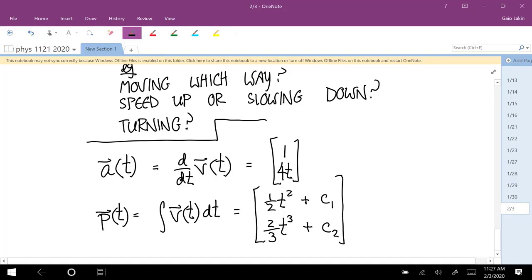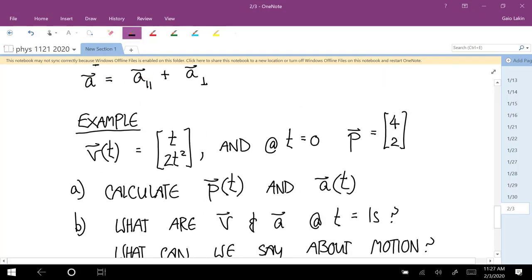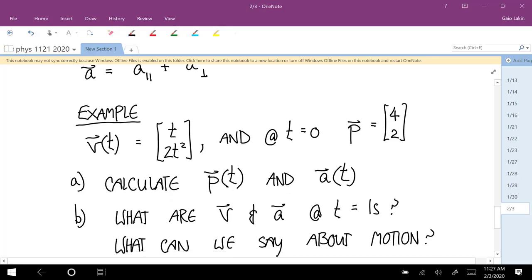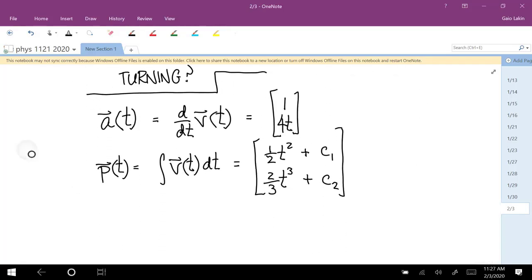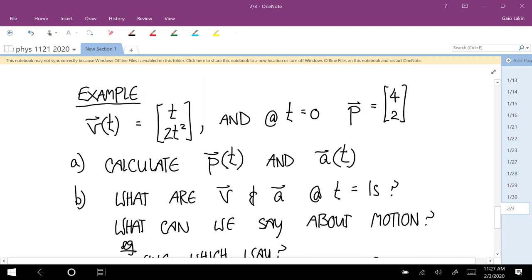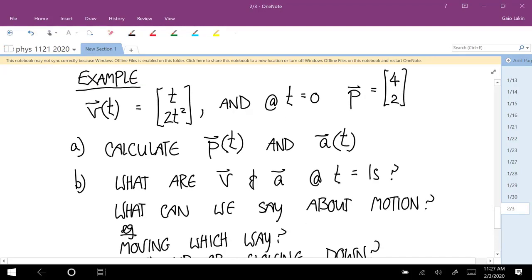But we're not done yet because of these constants of integration. So now we have to use the boundary conditions that are given to figure out what those constants are. We're given that when time is equal to 0, the x component of the position is 4.